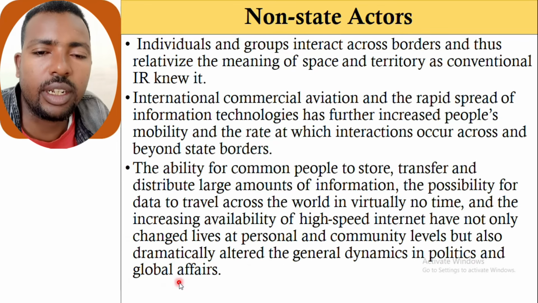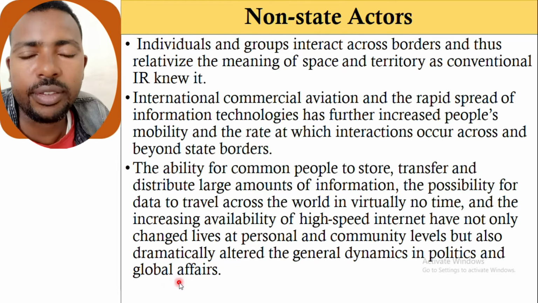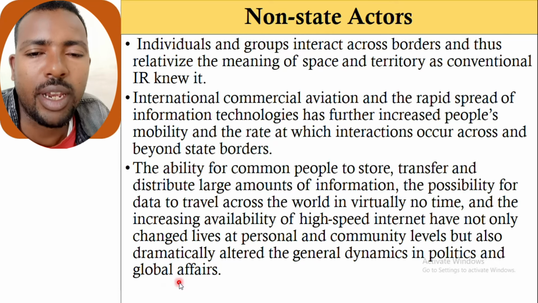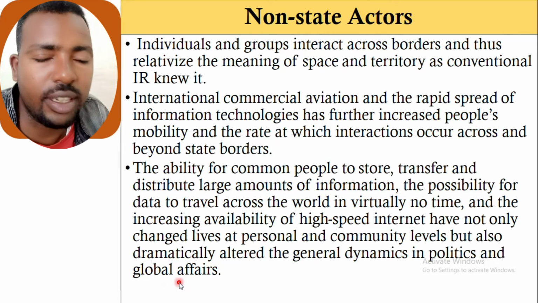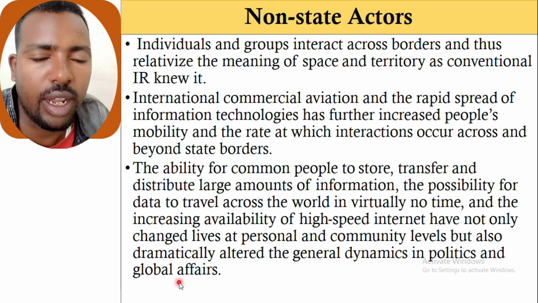The diffusion of information within a microsecond due to the internet and information technologies has made states lose control over these issues. States are no more capable of controlling them, and these services are no more provided by the state. Firms and private organizations have started to dominate the role of the state. States are no more capable of controlling the flow of information from one place to another.